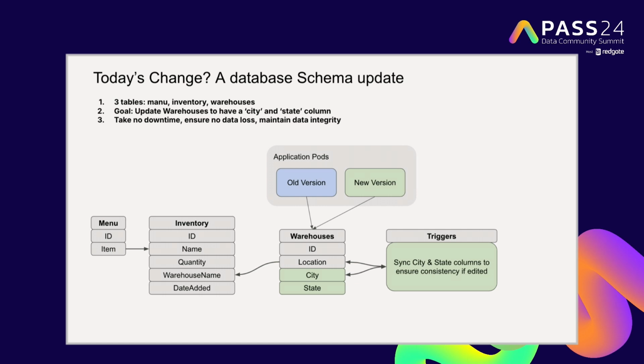In order to do that, we're also going to introduce a trigger that syncs the city column and the location column to ensure they are consistent, so that if the old version of the application writes or updates data, that update will be seen by the new version and vice versa. This also means if something goes wrong, we can roll back. Life is good.